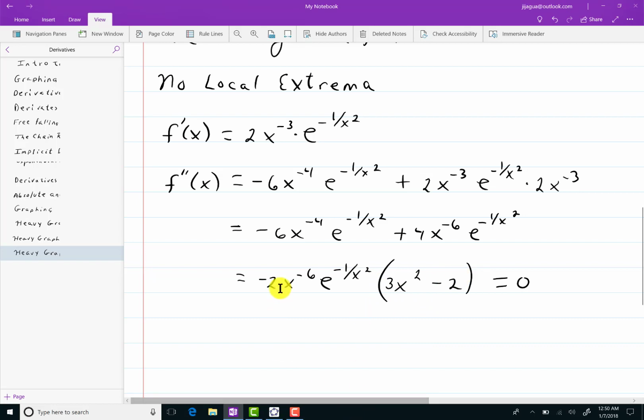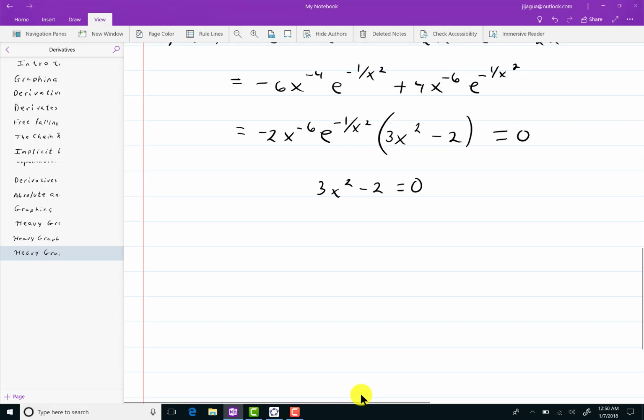But keep in mind, there is a critical number of x equals 0 here. So we'll set 3x squared minus 2 equal to 0, or x squared equals 2/3. And then x equals plus and minus the square root of 2/3.